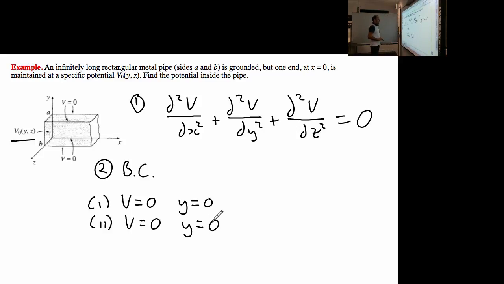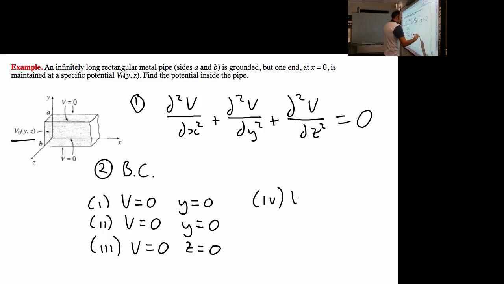What about for z? Well, for z, V is also going to be equal to 0 when z equals 0. For z equals b, V is also going to be equal to 0. So V equals 0 when z equals b.